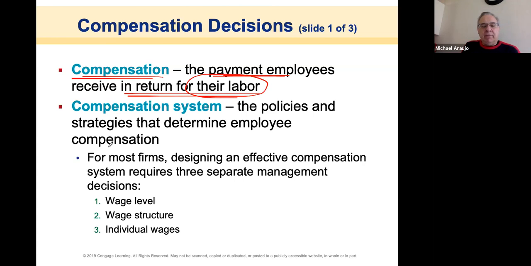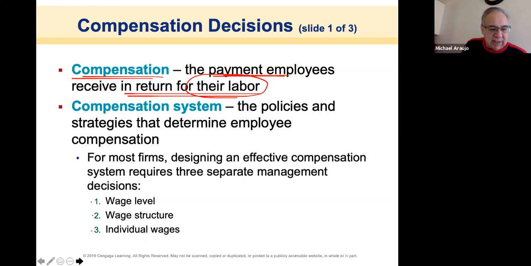Effective compensation systems are a little bit different, because it's kind of a separate type of thing. There's wage levels, there's the structure of wages throughout the company, and then the individual wage might differ as well.